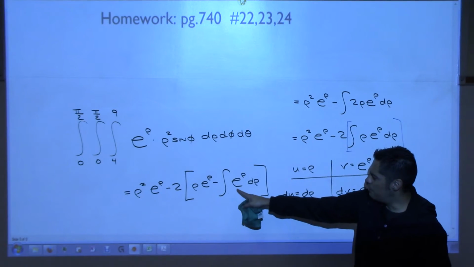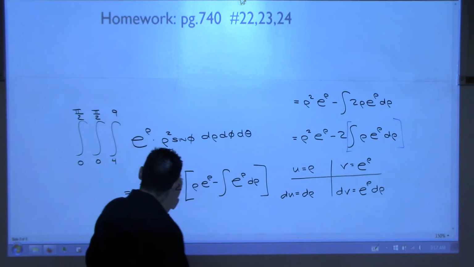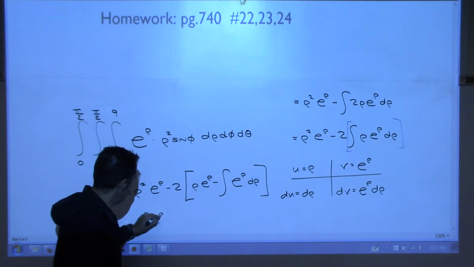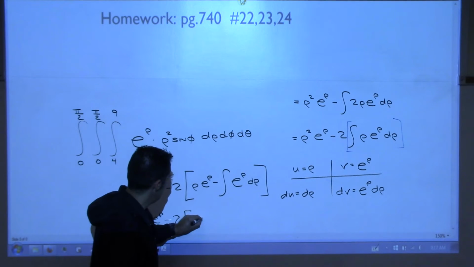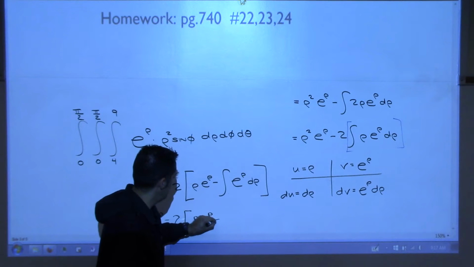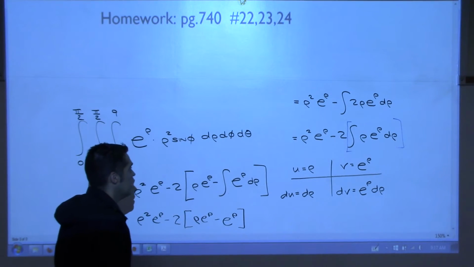And the antiderivative of e to the rho is itself. So this just becomes rho squared e to the rho minus 2 times rho e to the rho minus e to the rho. And then I can distribute.